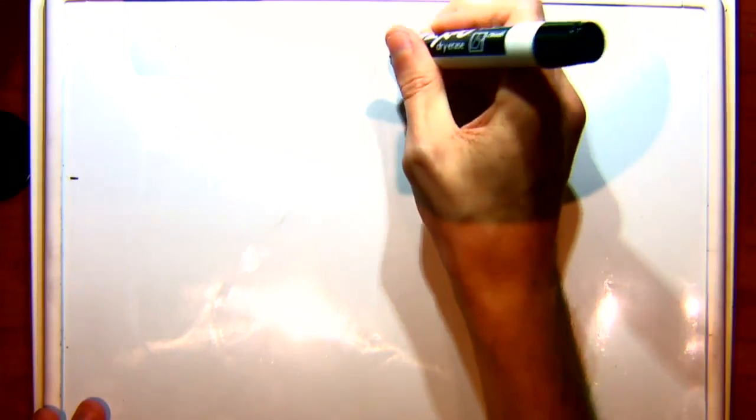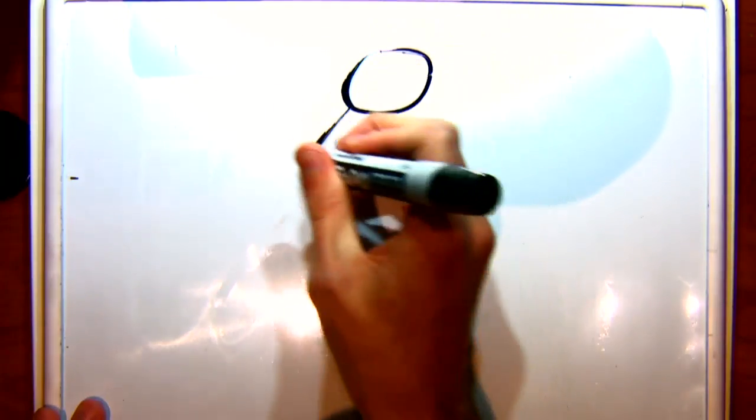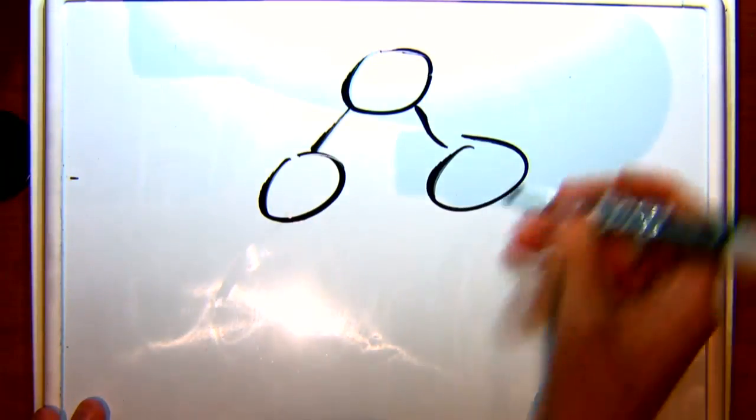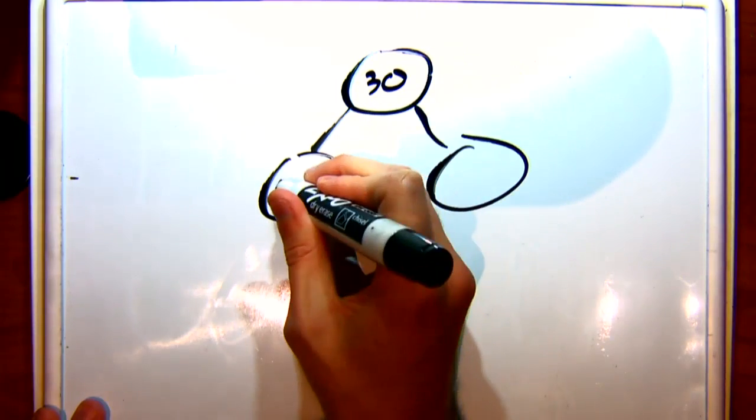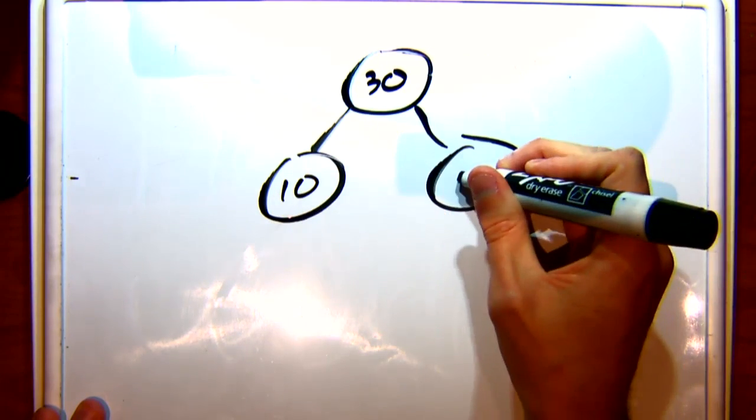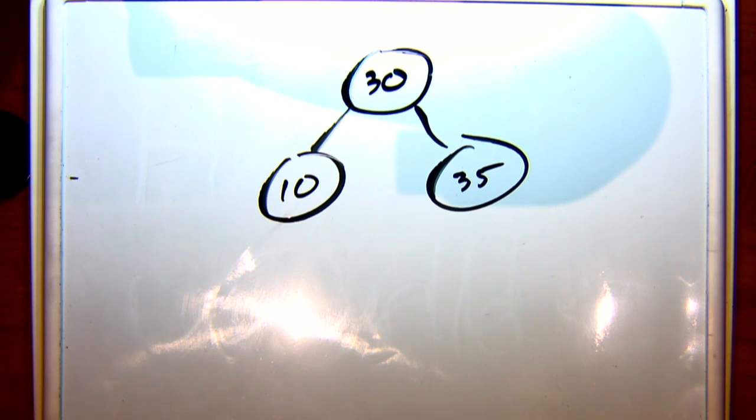A binary search tree is one which has that ordering property, where everything to the left of the parent node is less than that node, and everything to the right of that parent node is greater than that parent node.